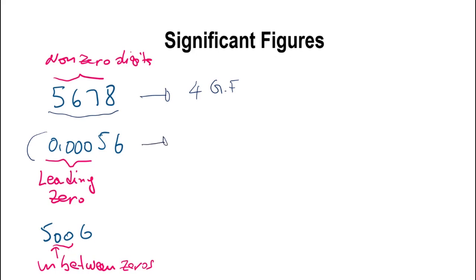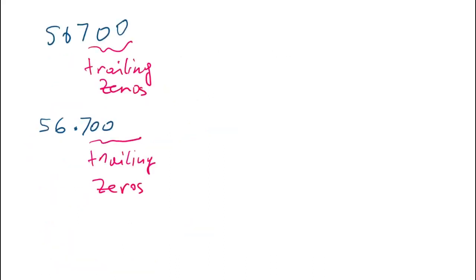That means the number of significant figures will be just 2. Now, if the zeros are in between the numbers, they count, so you will have 4 significant figures. In this case, if we have zeros in the back and there is no decimal point, the number of significant figures is 3.